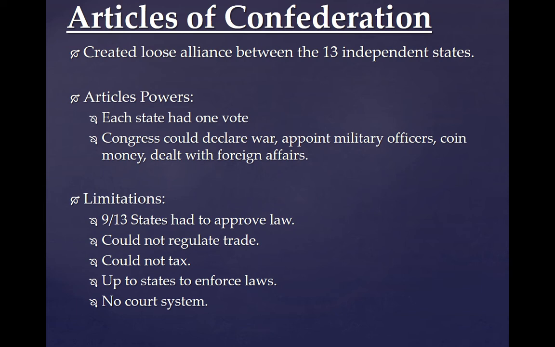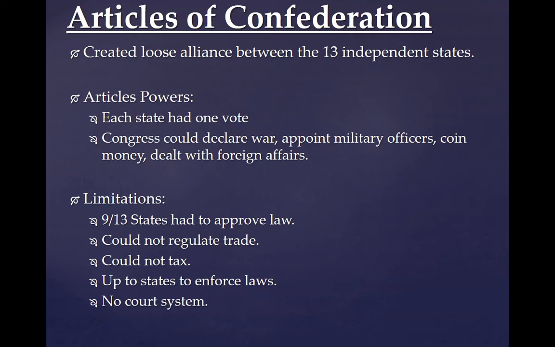But there were a lot of limitations that came about with the way this document was written. In order to approve anything, you needed at least 9 of the 13 states to approve the law. Not only that, the central government couldn't regulate trade, and it couldn't tax.